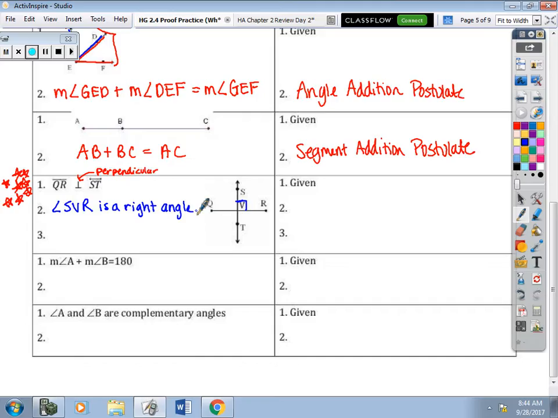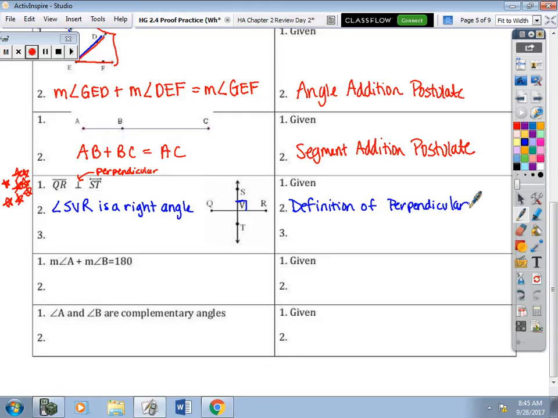That is the definition of this symbol and this word. Okay, I'm not going to say perpendicular segment or lines because one of them is a line and one of them is a segment. So I'm just going to say definition of perpendicular. If you look back in your notes, that's what the definition was.